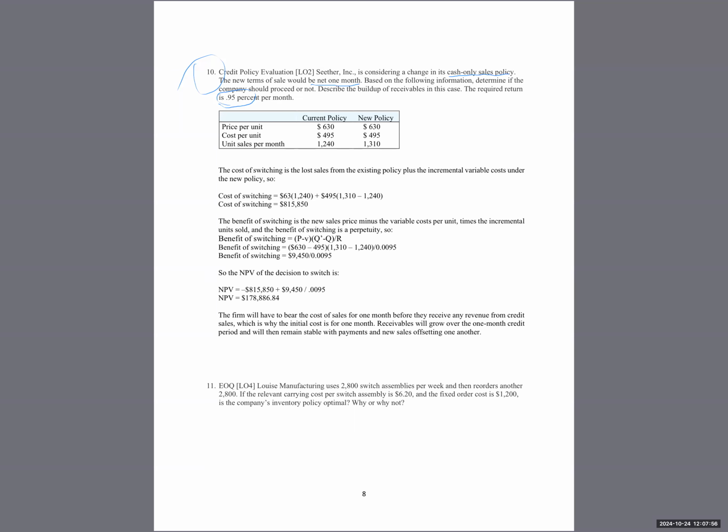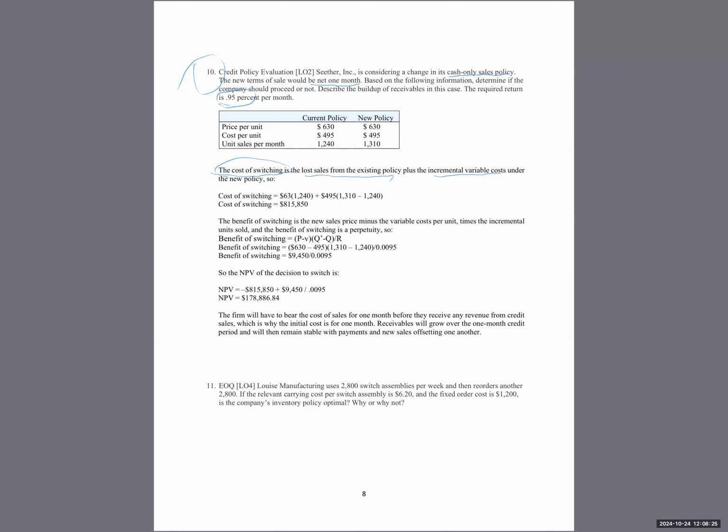So this is again about switching. We're going to talk about the cost of switching, the benefit of switching, and NPV equals the benefit of switching minus the cost of switching. The cost of switching, like we talked about in the previous question, is the lost sales from the existing policy plus the incremental variable costs under the new policy.